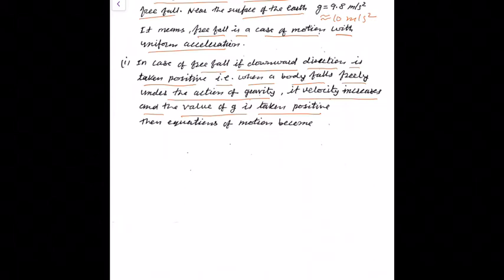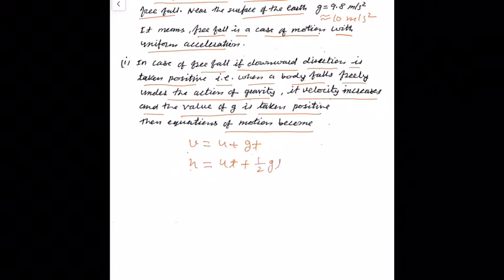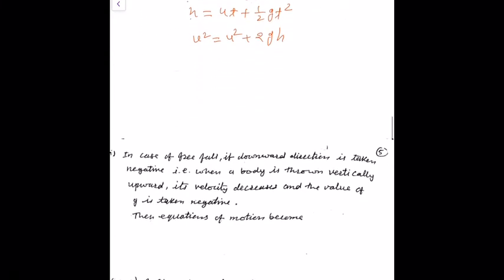Then equation of motion becomes v equal to u plus gt, h equal to ut plus half gt square, v square equal to u square plus 2gh.